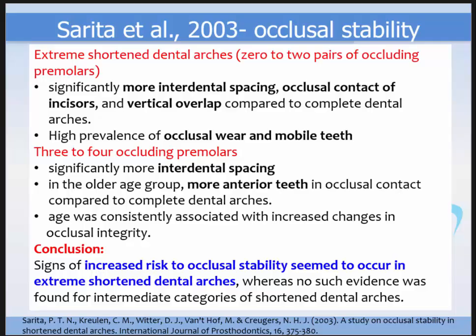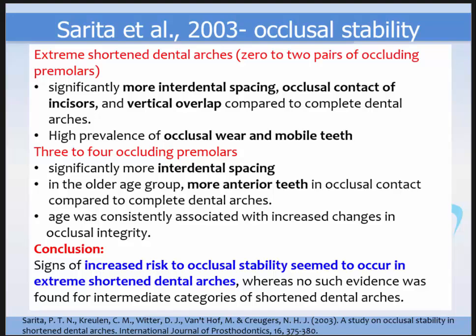But there is no conclusive statement to say that you must or mustn't restore the missing posterior teeth if you are a young patient. Is it that you provide more harm or more benefit if you don't provide any prosthesis for the patient with a shortened dental arch?